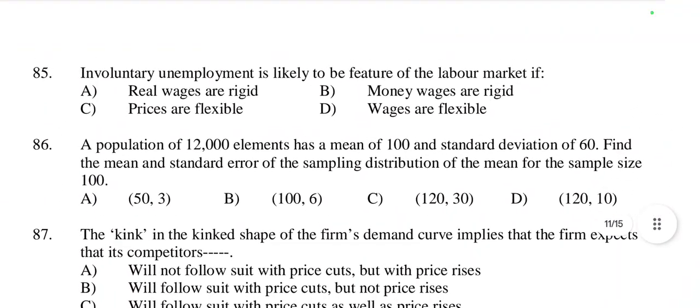Then next question 85. Involuntary unemployment is likely to be a feature of the labor market if. Option A, real wages are rigid, or money wages are rigid, or prices are flexible, or option D, wages are flexible. For which reason is involuntary unemployment likely to be a feature of the labor market?